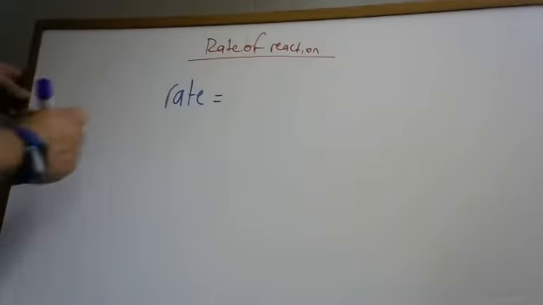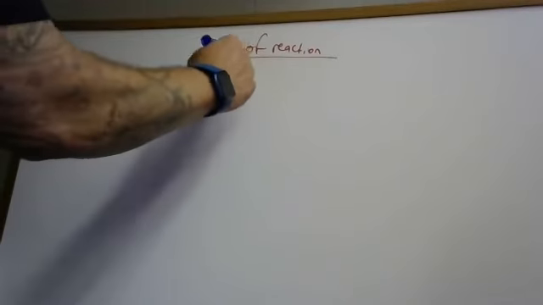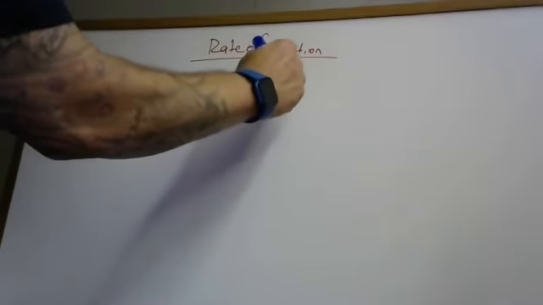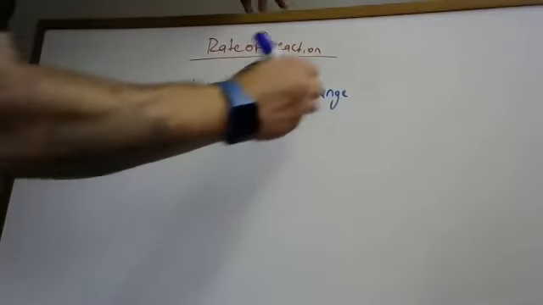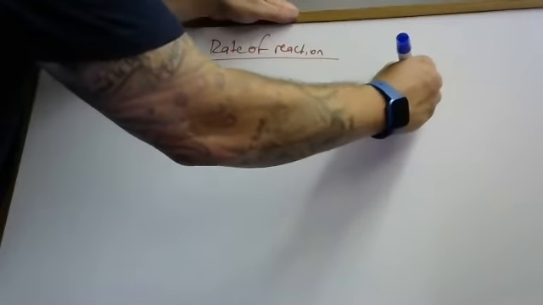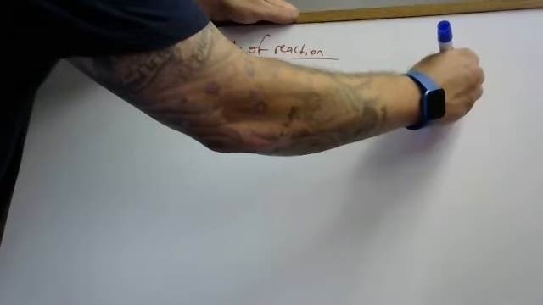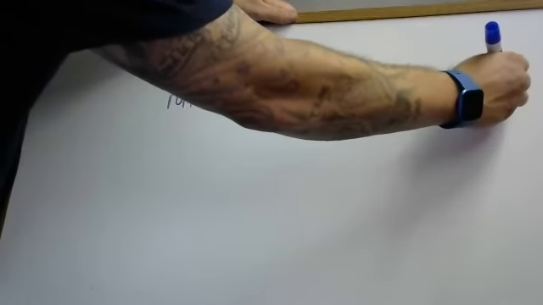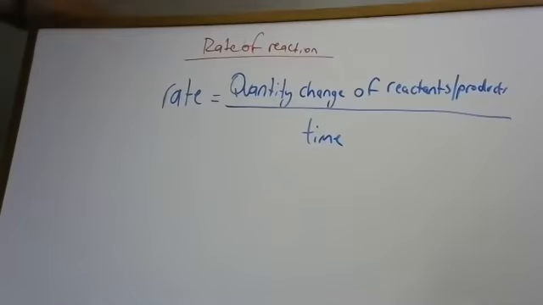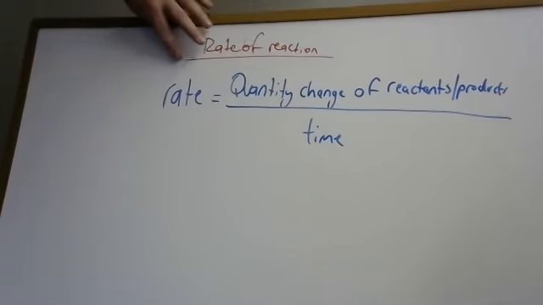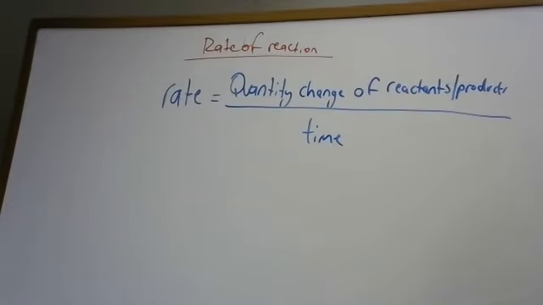Just going to call it the rate equals the quantity change of reactants or products over time. Sometimes we have measurable quantities. Other times we're talking about quantities that are too small.